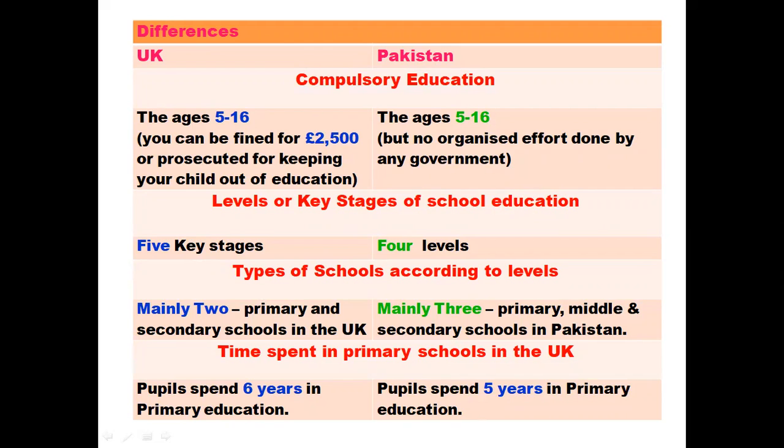In the UK, especially in England, mainly there are two types of schools that are very popular, primary and secondary schools only. While in Pakistan, there are three types of schools which are very popular, primary, middle, and secondary. Right, looking at time spent in primary schools, people spend 6 years in primary education in the UK as compared to the students in Pakistan who spend only 5 years in their primary education.